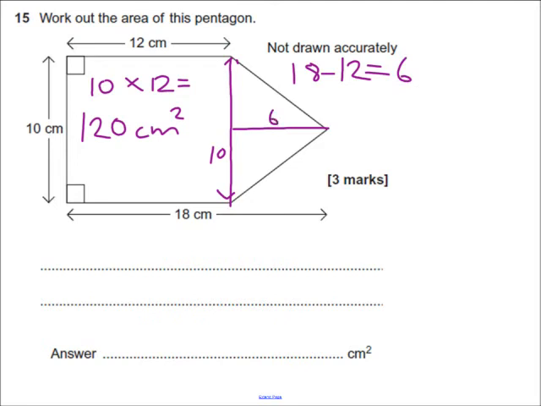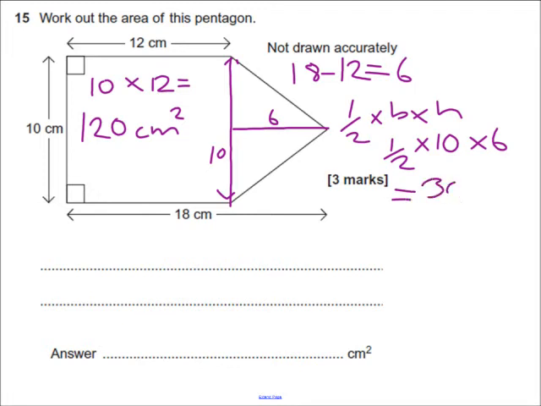Now you need to know the area of a triangle is half of the base times the height. So we just substitute our values in. 1/2 times 10 times 6. When we do that calculation, and you can do this on your calculators, you end up with 30 centimetres squared as the area of our triangle.